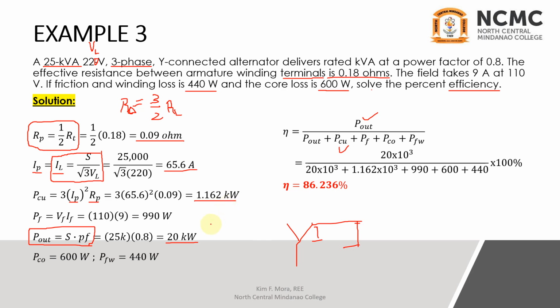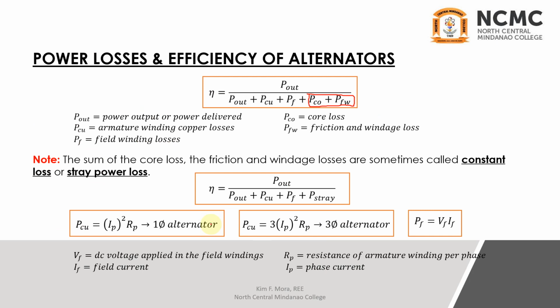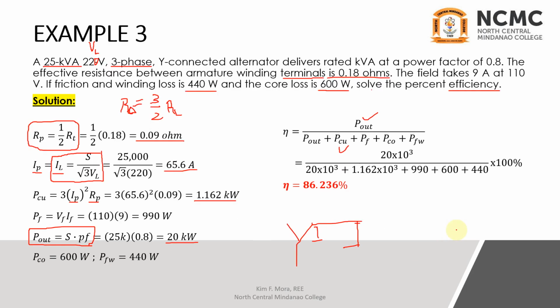Then for our field winding loss, dali ra kayo siya, that is just equal to the DC voltage applied in the field winding multiplied by the field current. So since given naman tanaw na may nakabutang sa problem nga the field takes 9 amperes at 110 volts.